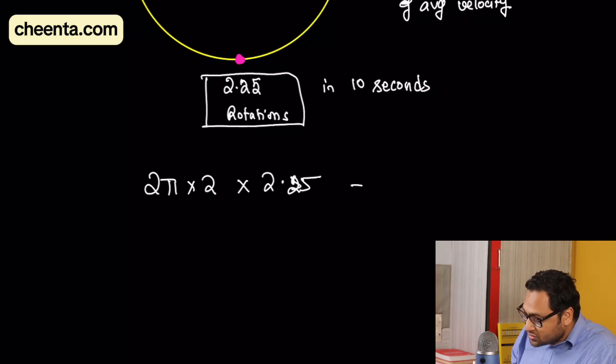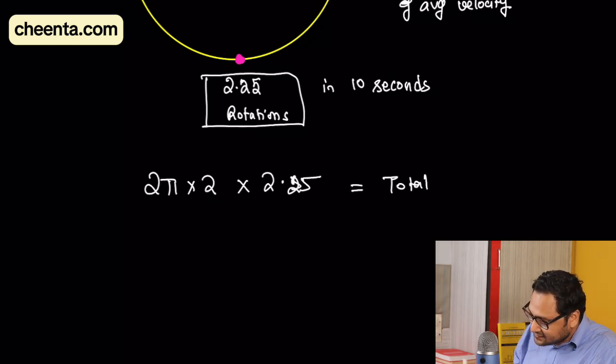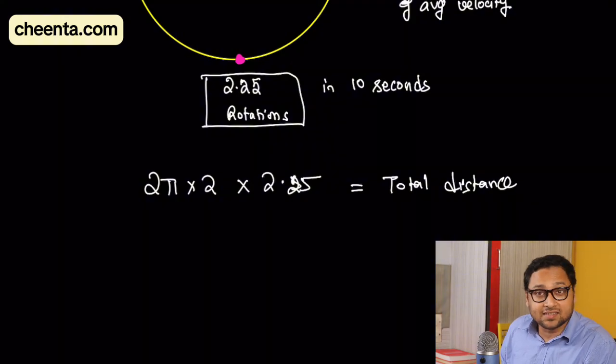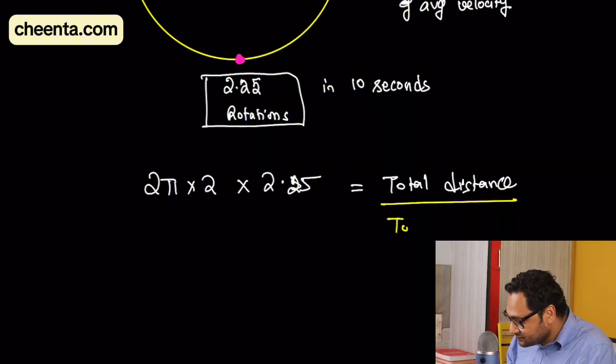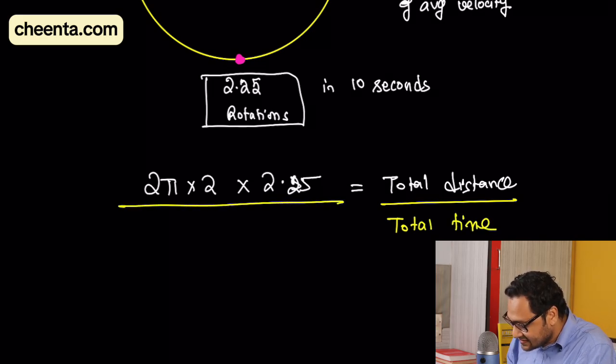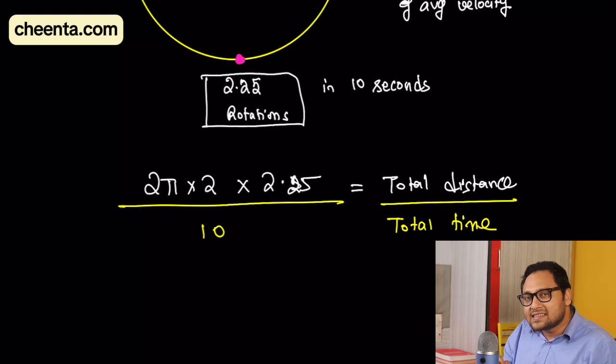This is the total distance on the circumference of the circle. And what is the total time taken? Well, that's also given. It's 10 seconds. So this is the average speed.